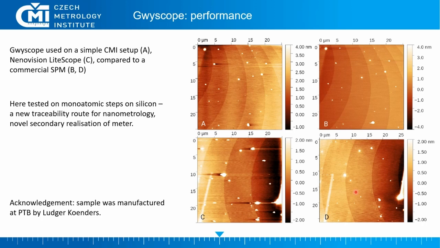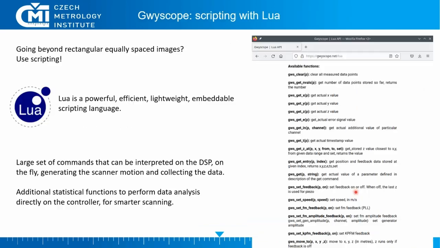And what is also interesting here, when we are using LiteScope, we didn't need to artificially reduce the Z-scanner range, which is sometimes done in commercial microscopes to increase the resolution, because here with the 20-bit DA converters, we can simply use it as it is, and we get the resolution.